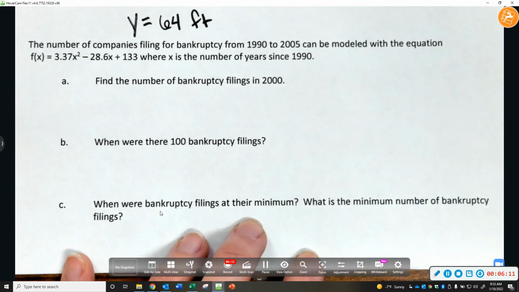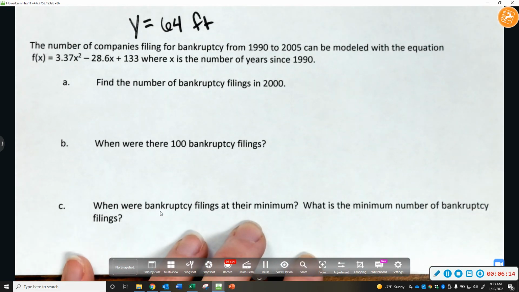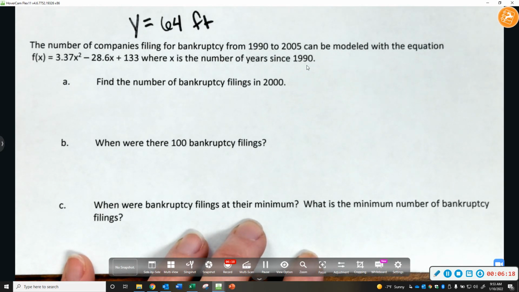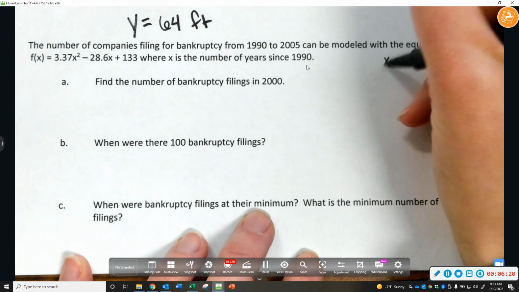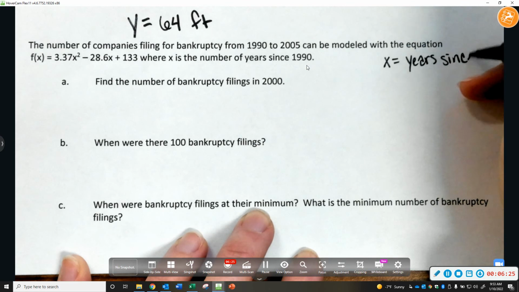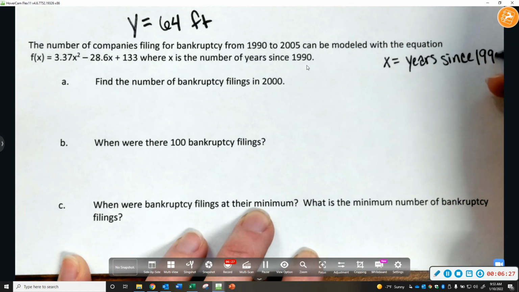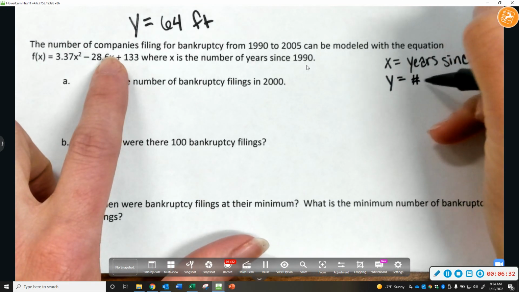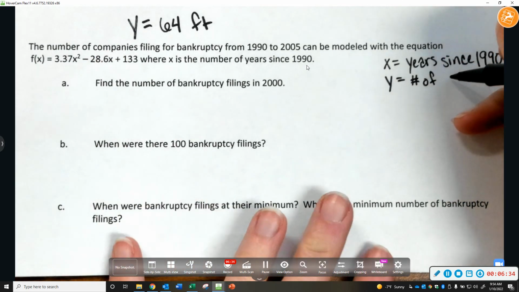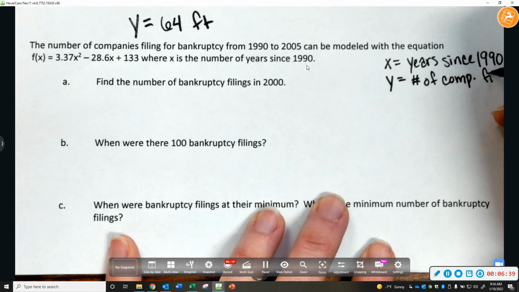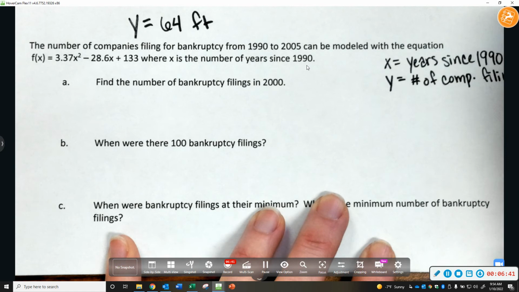So now we have another type of problem. We have another equation here. X is the number of years since 1990. So x equals years since 1990, and my y value is number of companies filing for bankruptcy.